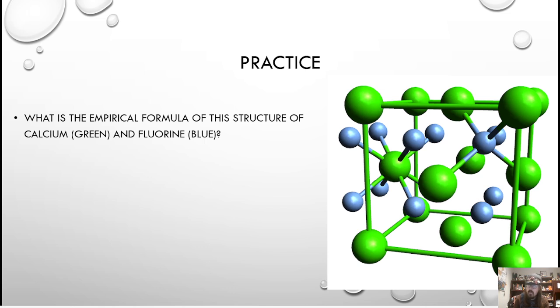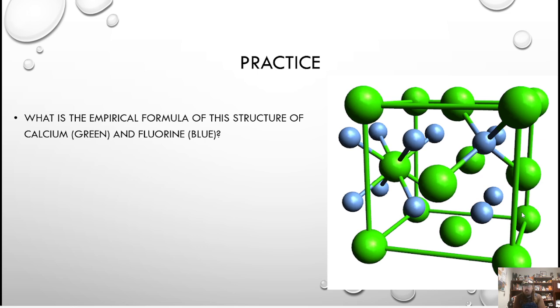So these other 4 fluorines are in the upper right back quadrant of the body, upper left back, upper left front. So we have 8 right here in the body. And we have another 1, 2, 3, 4, 8 hidden on the back.